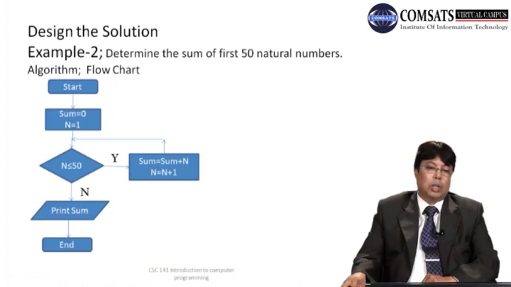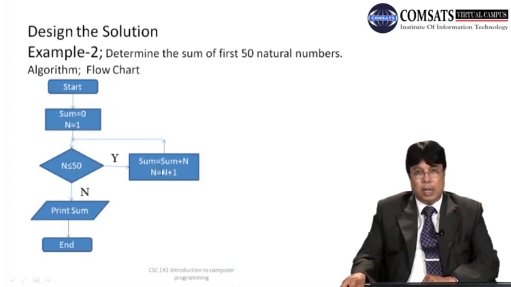So we start, initialize. If n is greater than or equal to 50, no, then increment n, loop, and then if n has crossed 50, then yes, then exit, print the sum and end.